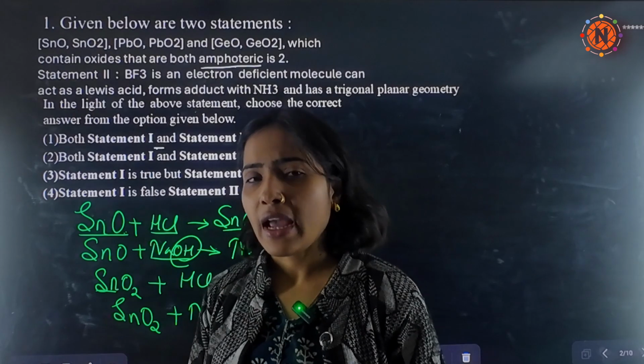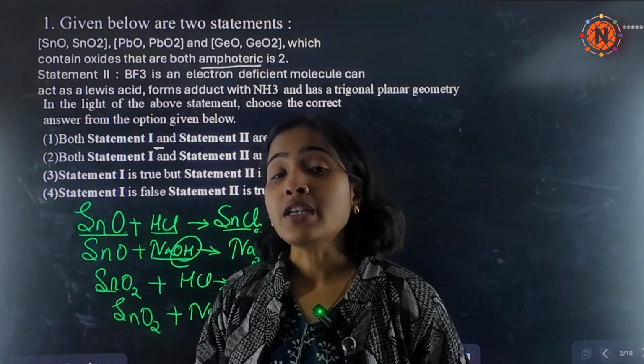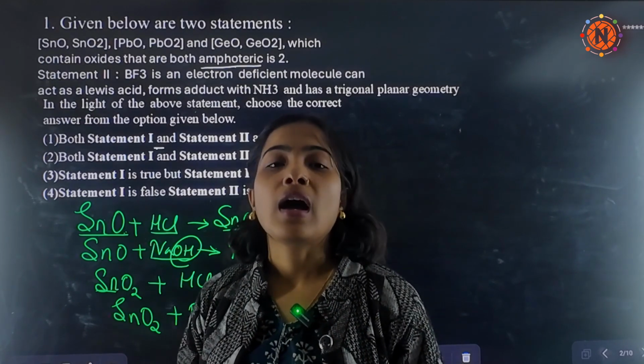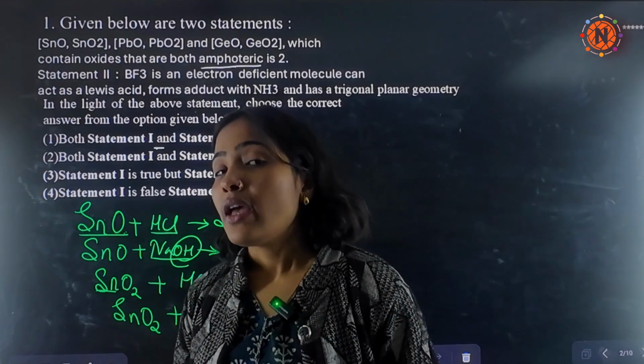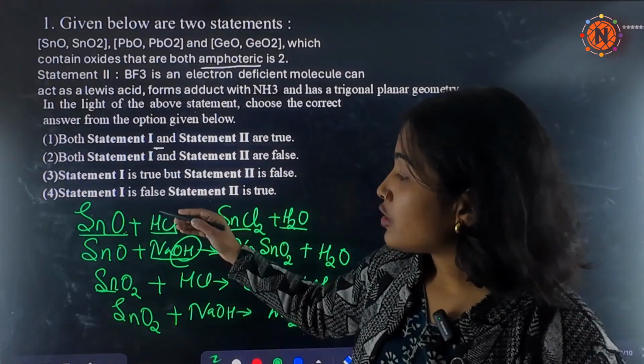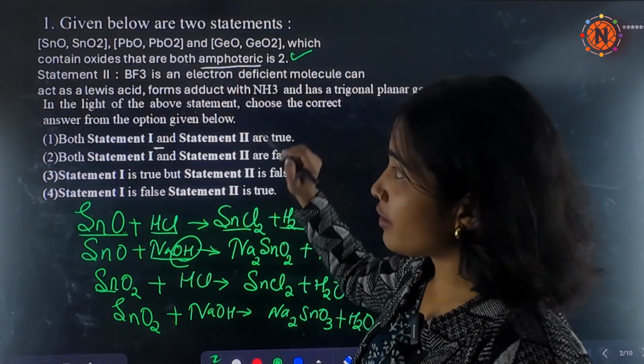It acts like a weak acid and forms an acid in the solution. That is why germanium oxide is considered to be acidic in nature. As the question says that two oxides are amphoteric, it is correct.